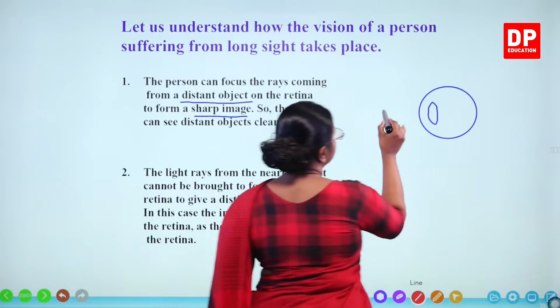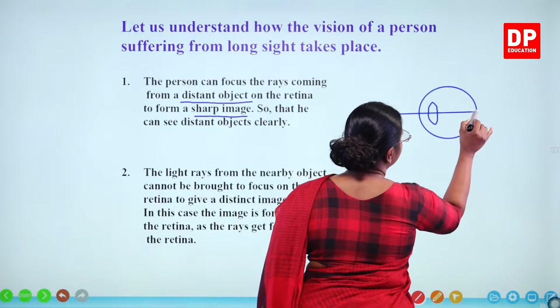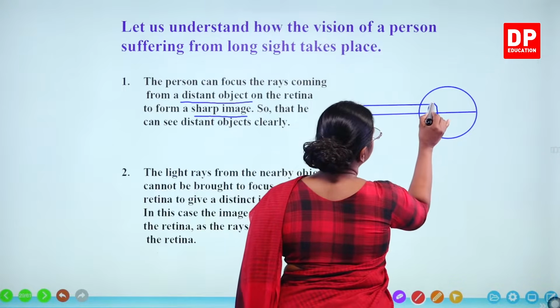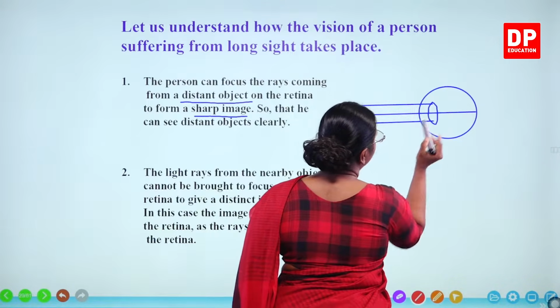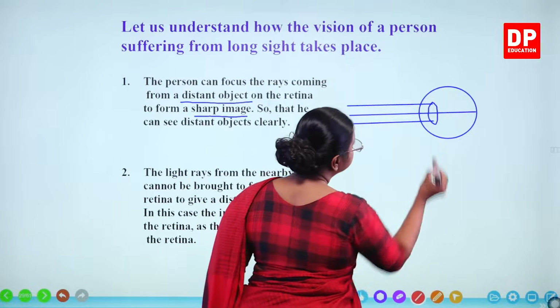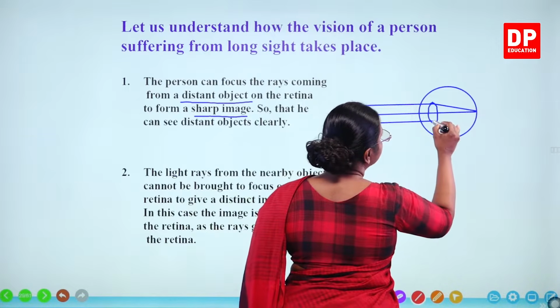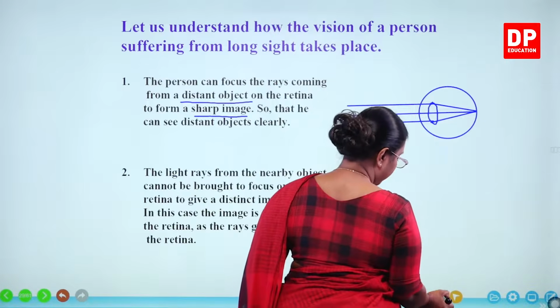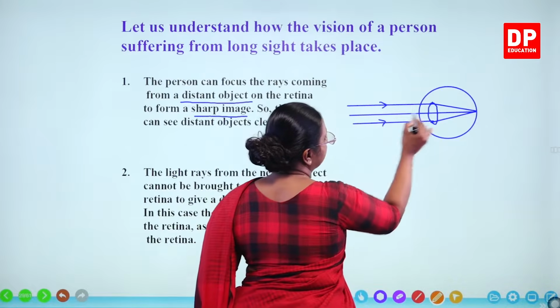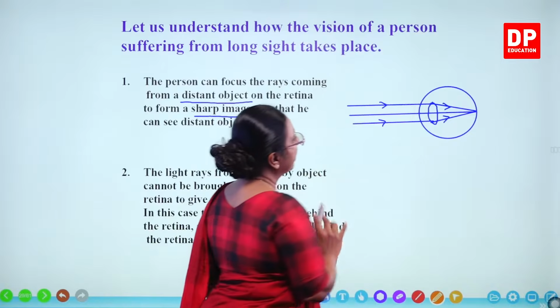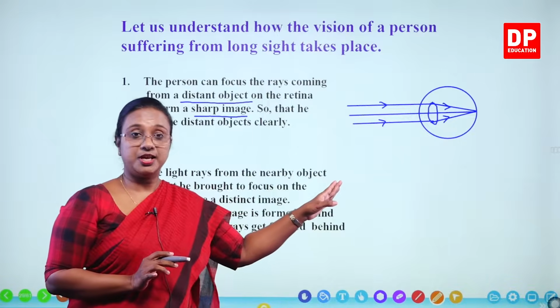Parallel rays. So, here you can remember how we drew the ray diagram. The parallel rays fall on the lens and they converge onto the retina to form the image. So, that is for a far object.